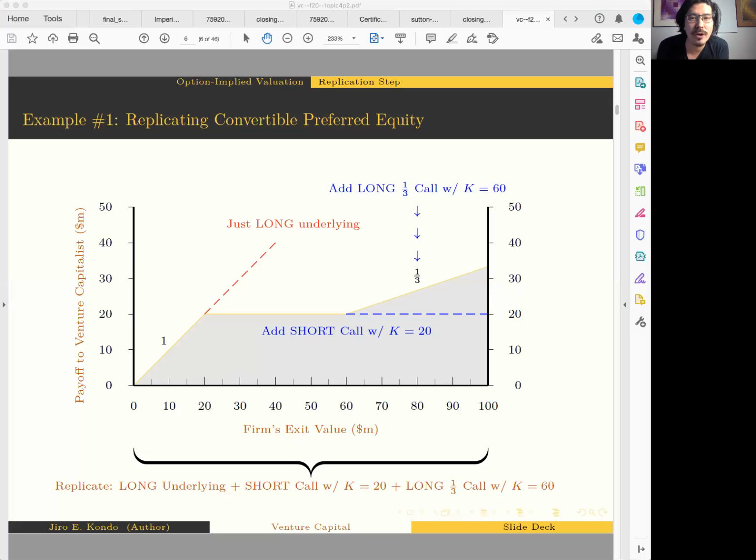Because I want to use a portfolio of Apple, which is the startup as a whole, and potentially different call options, right? When I say different call options, I mean call options with different strike prices. And potentially, although not in the first example I'll do here, potentially some CNBCs as well. So let me explain.